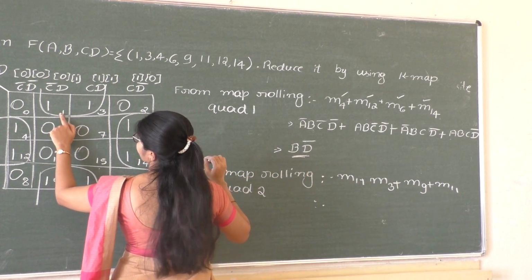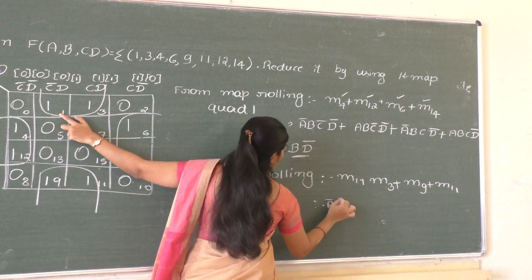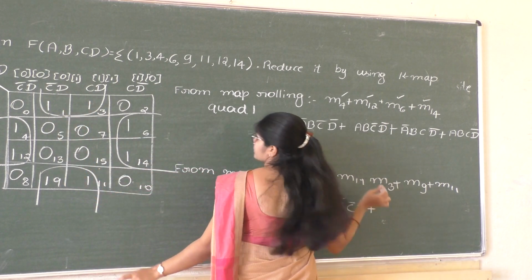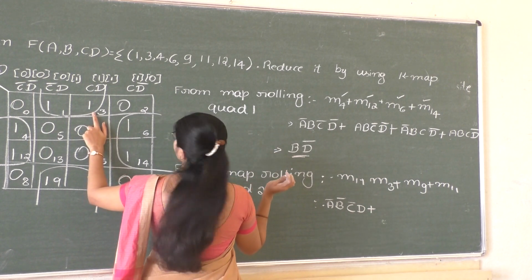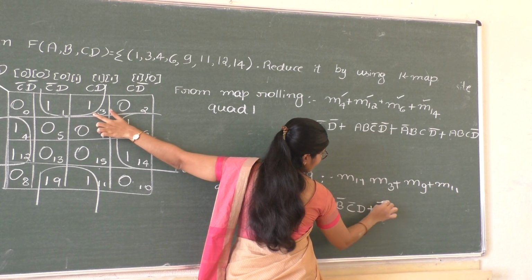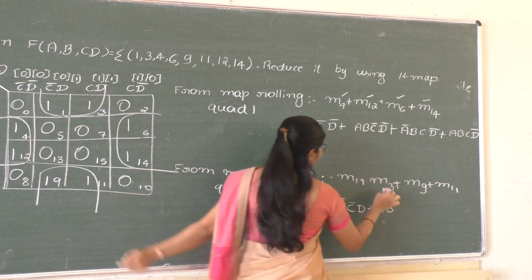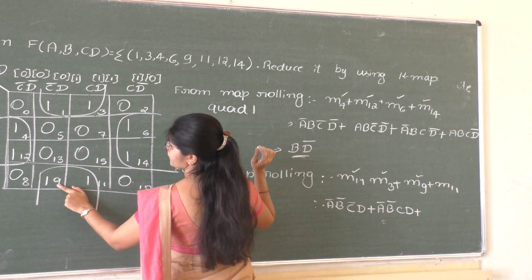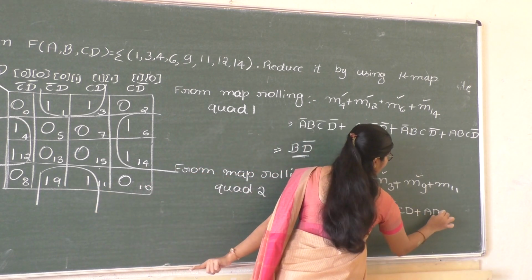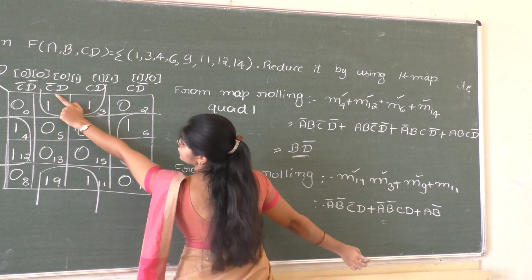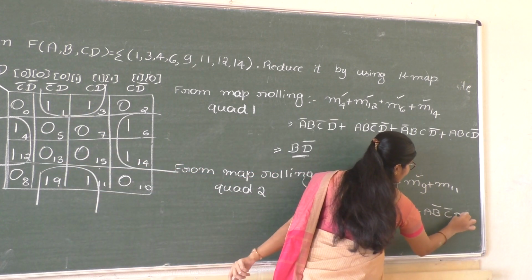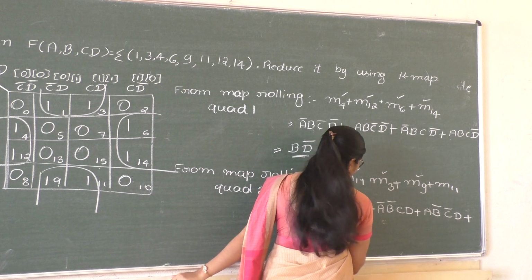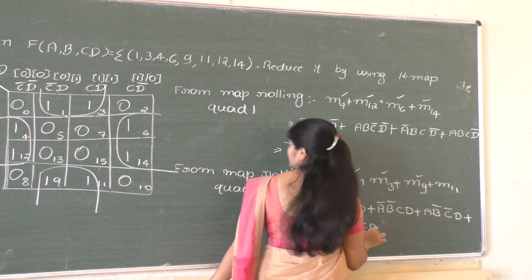M1, minterm of first square, A bar B bar C bar D, plus m3, that is A bar B bar C D, plus minterm of the ninth square, A B bar C bar D, plus minterm in the 11th square, A B bar C D.